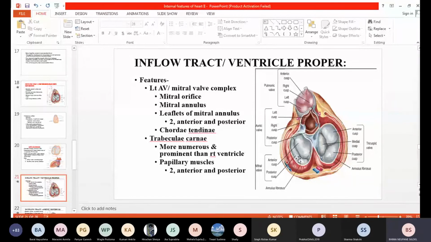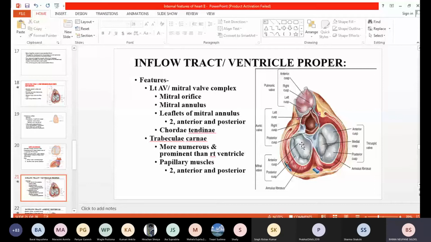This round area is made by the collagenous fibrous annulus, the bicuspid. Then there is the connection to the apical or ventricular surface, the lower end, and the papillary muscle connected by the endothelial-covered collagenous tissue, the chordae tendineae.